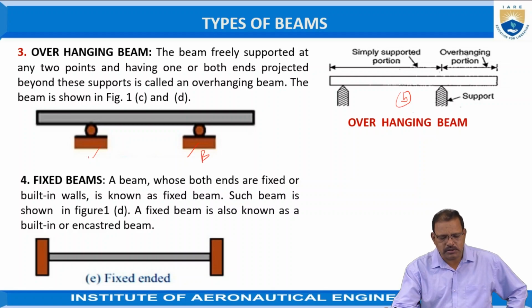The fixed beam: a beam having both its ends fixed or built into walls, as shown in the figure, is called a fixed beam. A fixed beam is also known as a built-in or encastre beam.